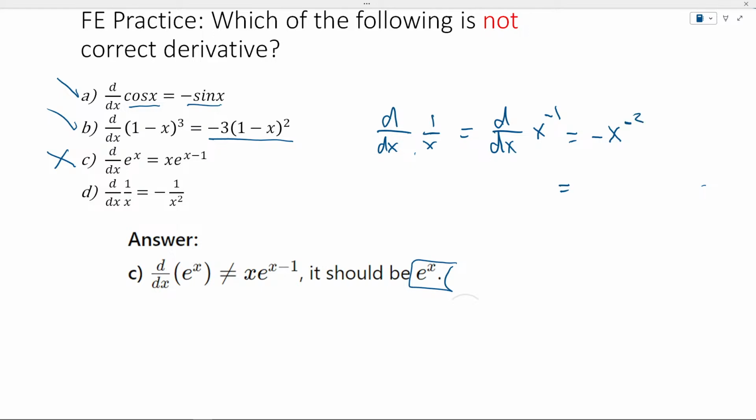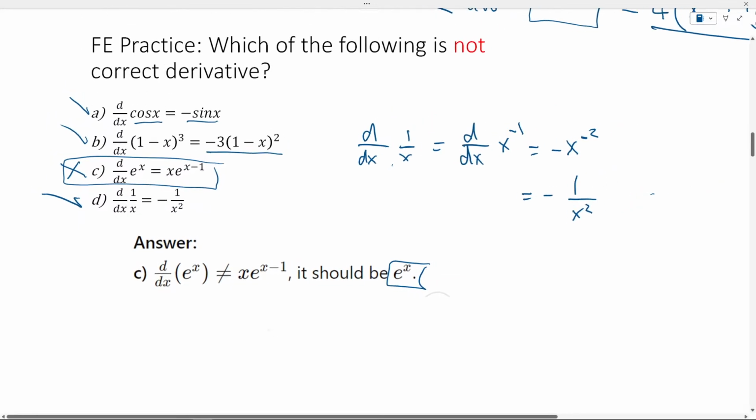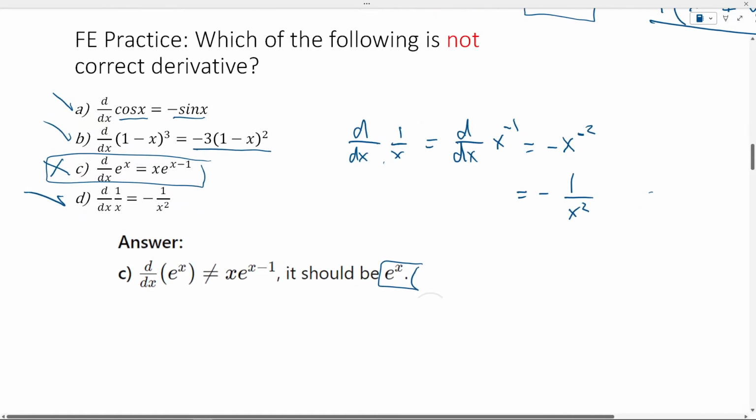That is equal to negative 1 over x squared. So this guy is correct. Now we know this guy is correct, this guy is correct, and this guy is correct. So the correct answer is here, and you get easy 5 points or 10 points.